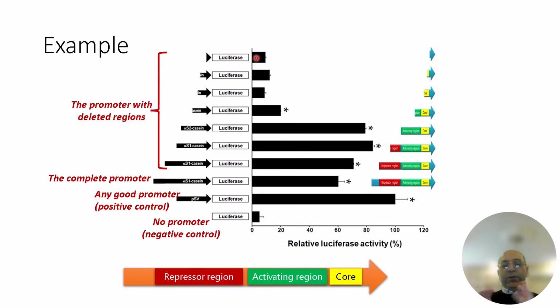Or we can place it inside cells, we can transfect cells, and we can put these cells under different conditions, again, in the presence of hormone or no, stress or no, nutrition or no, you name it. And we can measure how a specific promoter functions, how it behaves under different conditions by measuring the amount of luciferase that is produced, which is represented by the amount of light that is produced as well.